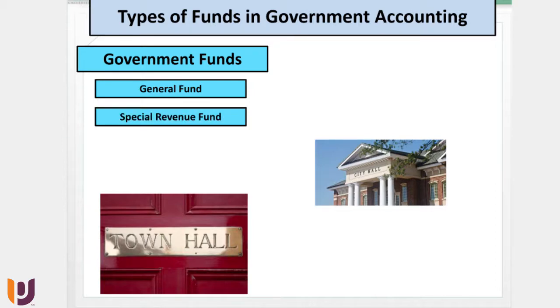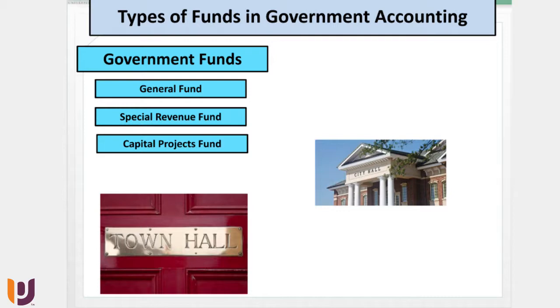Special revenue funds account for the proceeds from specific sources that are legally restricted to expenditure for a specified purpose. This could be used to record revenue from a state's casino that is used for education purposes.